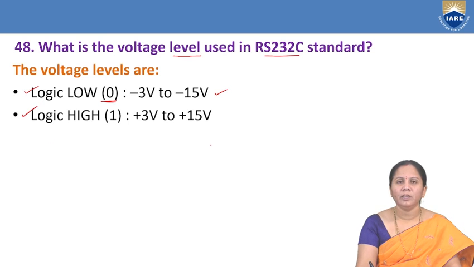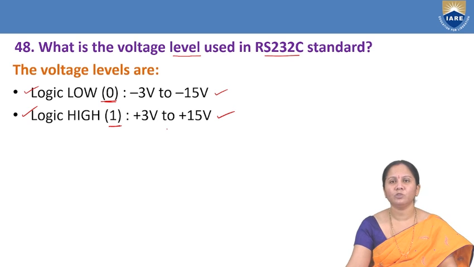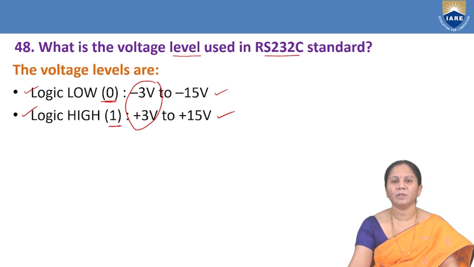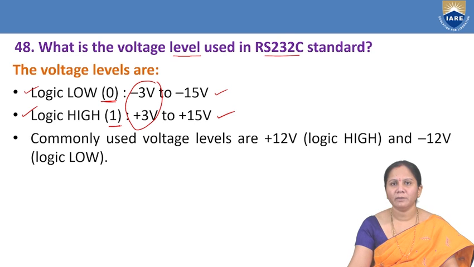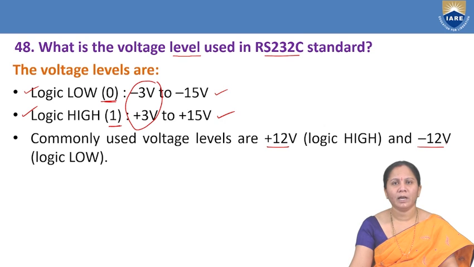But to indicate logic 1, that is logic high, we use the voltage within the range of plus 3 volts to plus 15 volts. The voltage between minus 3 volts and plus 3 volts is undefined. Commonly, the general voltage we use is plus 12 volts to represent one logic and minus 12 volts to represent the other logic.